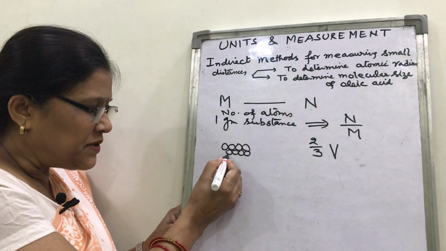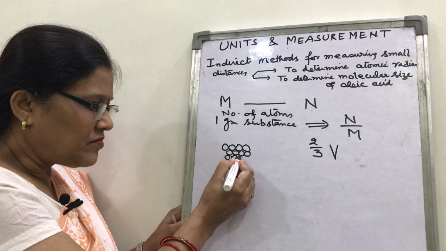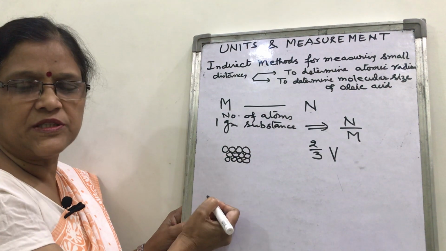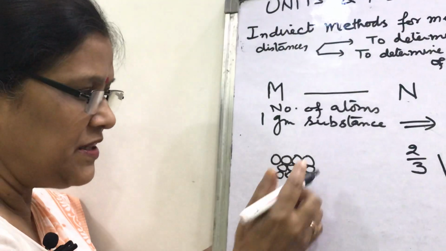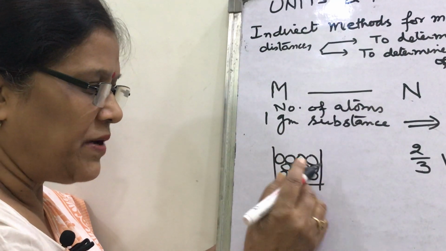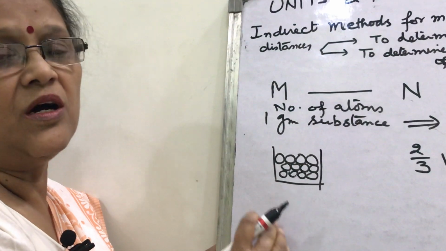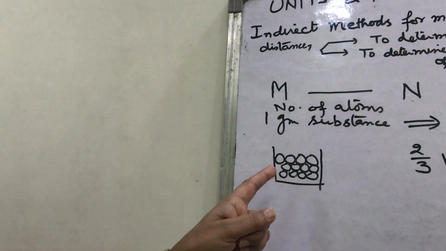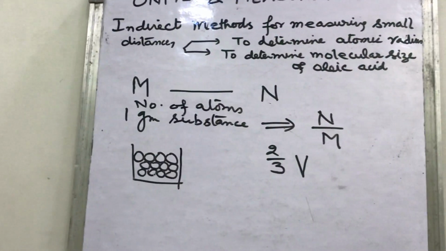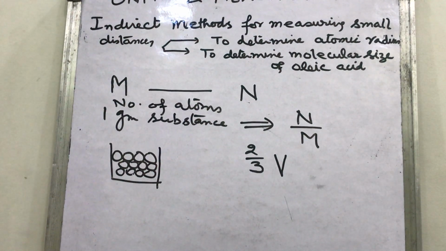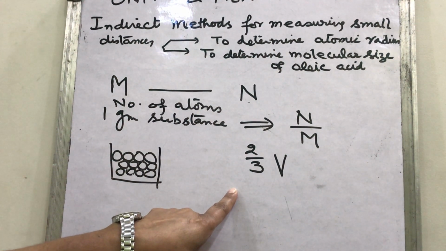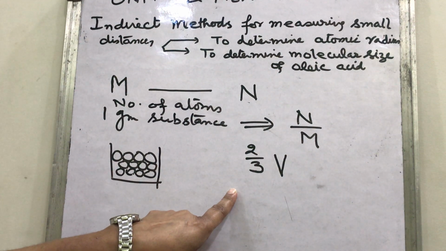Such very small spaces are left in between. So due to these left spaces, the left space is in the container, but it is not occupied by the atoms. So due to this space, according to Avogadro's hypothesis, the actual volume occupied by atoms in 1 gram of a substance is 2/3 of the volume occupied by 1 gram of substance.